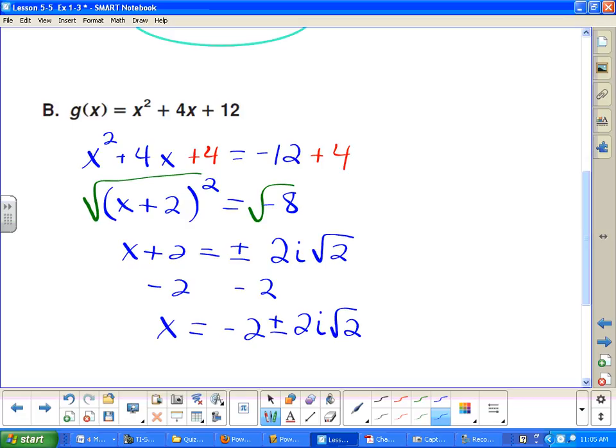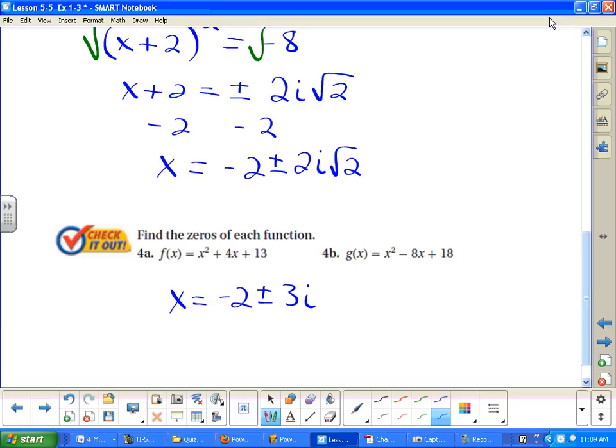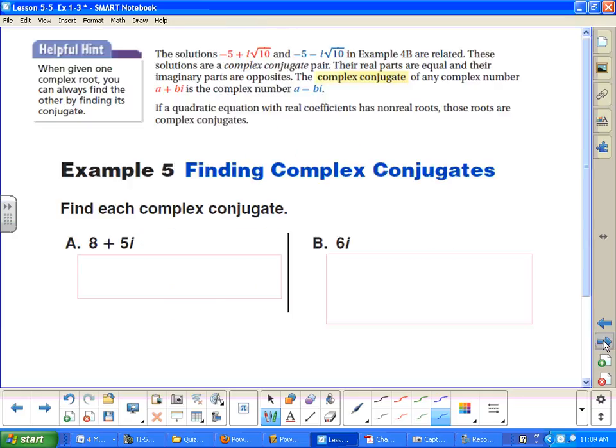So this is just the same completing the square process. We're just going to end up with a complex number when we're done. The last example for this lesson is really, really easy, but sometimes you will mix things up.